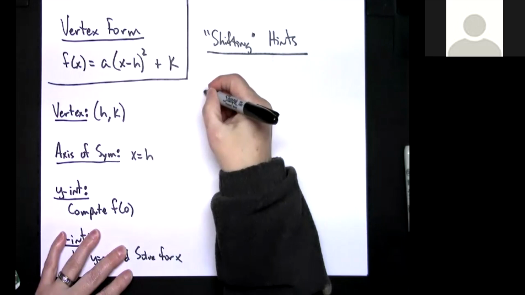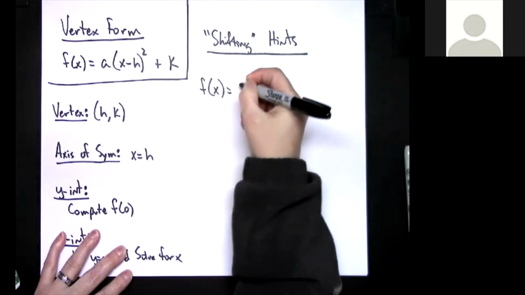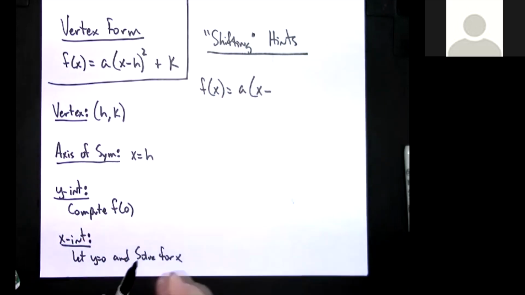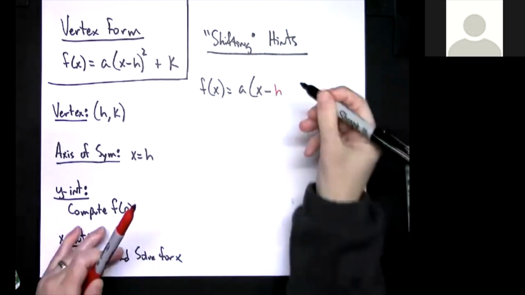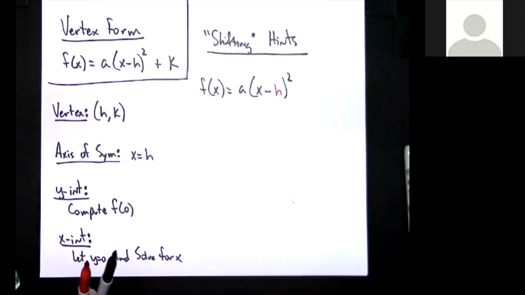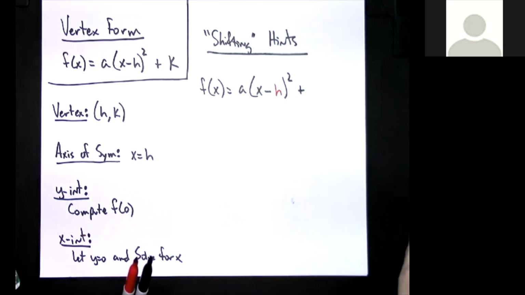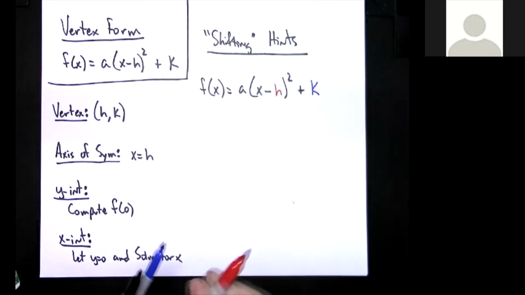So in this form, f of x equals a times x minus h, quantity squared, plus k.